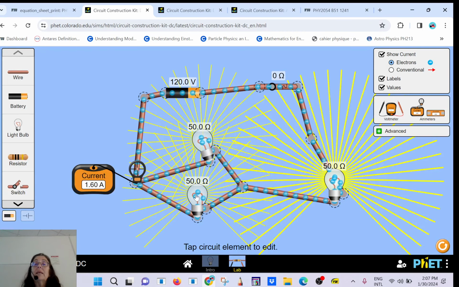So it has the same appetite. If you have a larger resistance, that means the current will be smaller. Smaller resistance, the current will be larger. But here you have 1.6 and you have two pipes. So it's going to be 0.8.